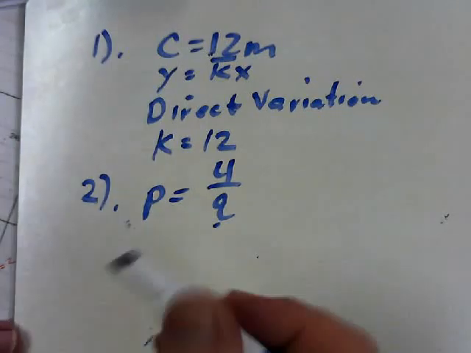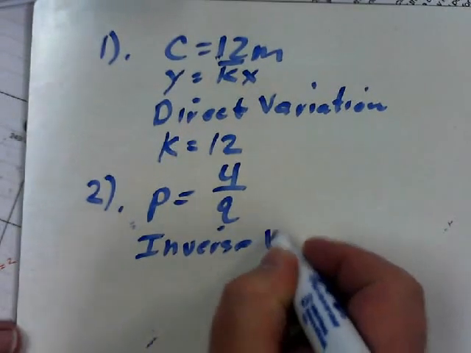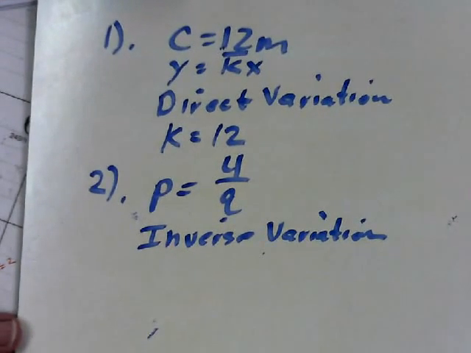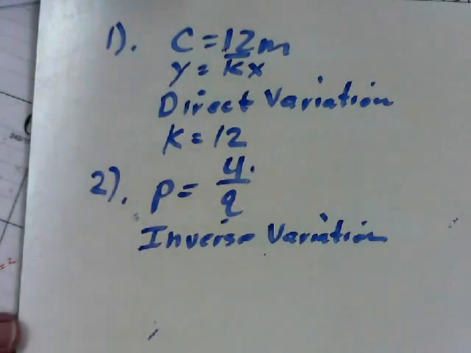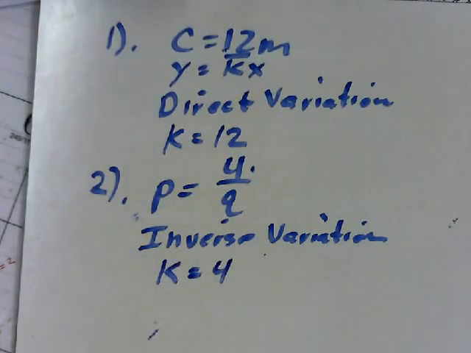So it'd probably be an inverse. So it'd be an inverse variation. And where is my k located in an inverse variation? It's in the numerator, isn't it? So in this case, the k would be 4.